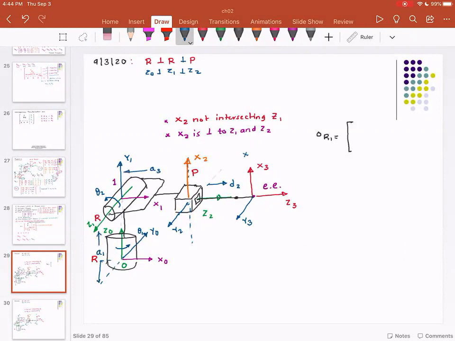This distance A2. And then I can call this distance A4.